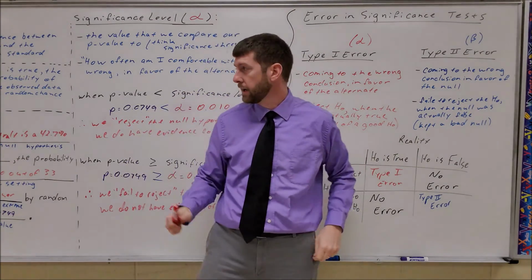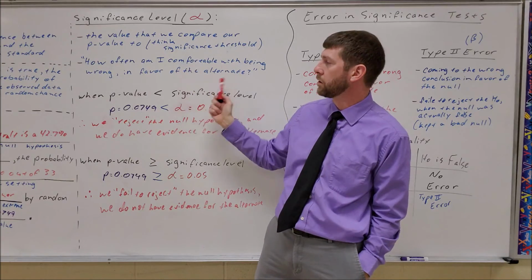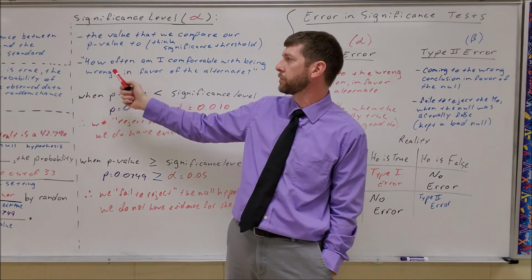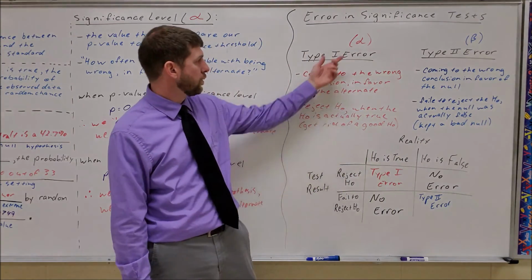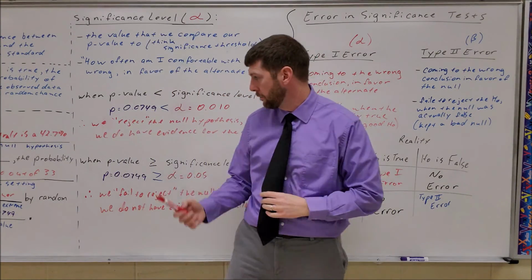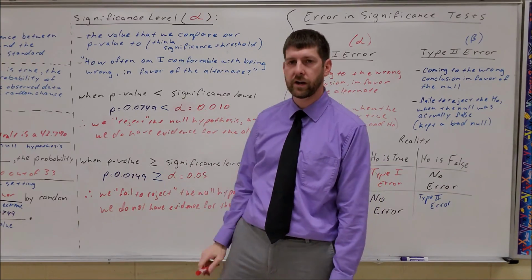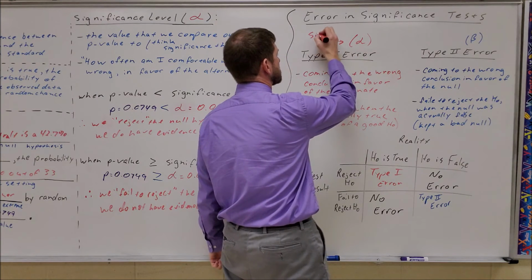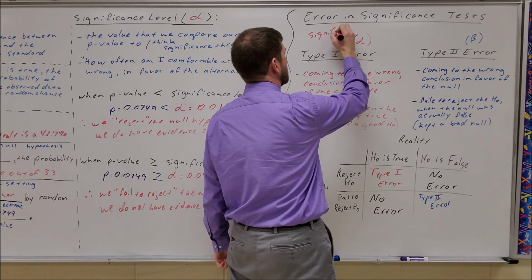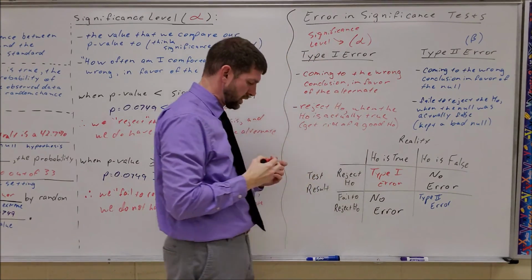So remember, we said: how often am I comfortable with being wrong? How often am I comfortable with making an error in favor of the alternate? Well, I decided I'd be okay if I made that error 10% of the time, or only 5% of the time. So your significance level is your type 1 error. That's what you're picking when you pick a significance level.